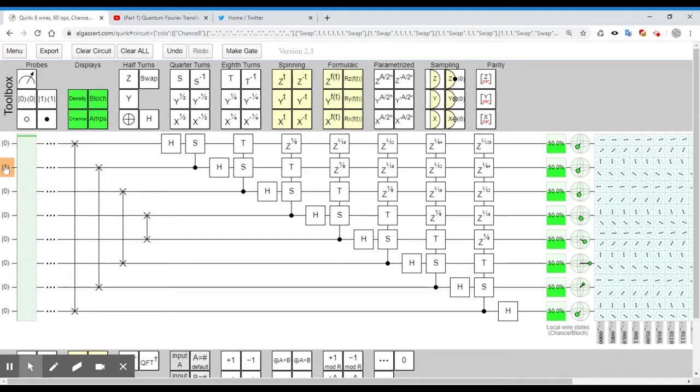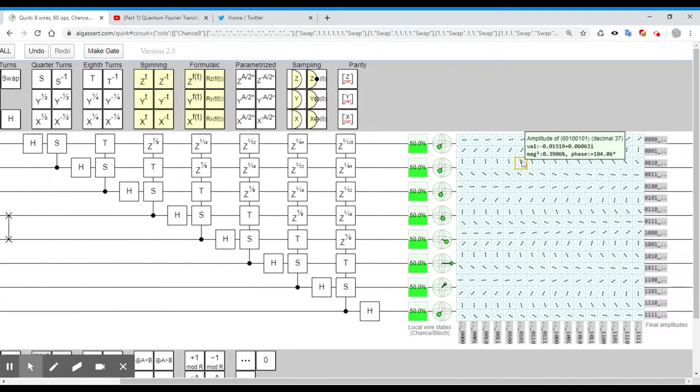So if I'm putting number 2, I want the relative phases to cycle 2 times between the all 0 state and the all 1 state.